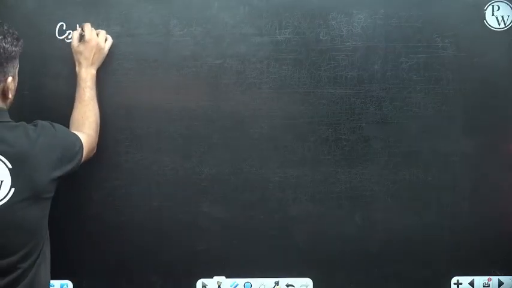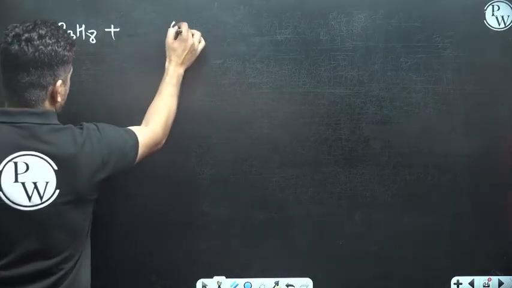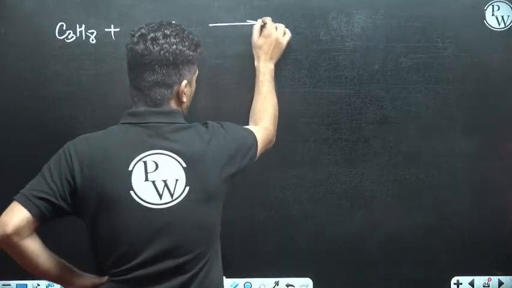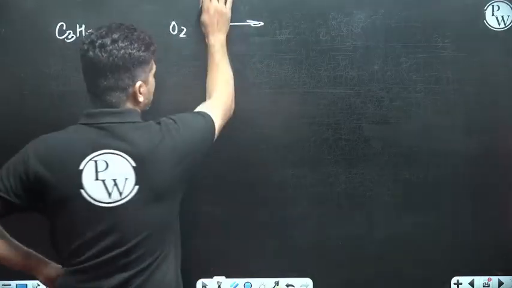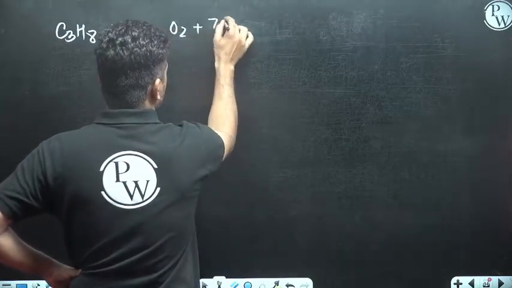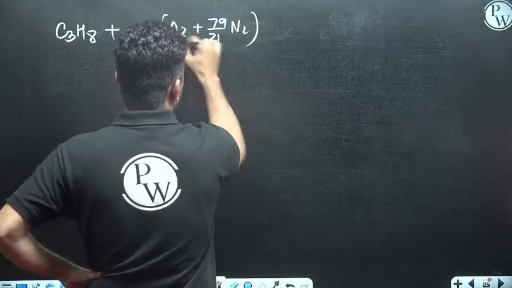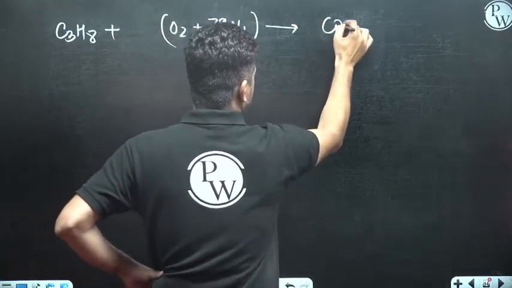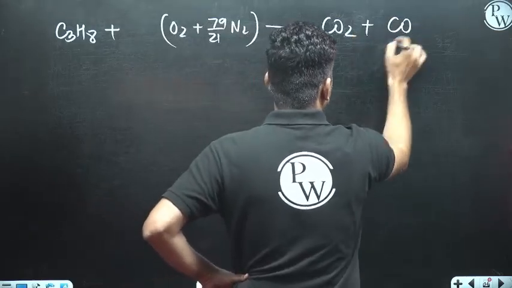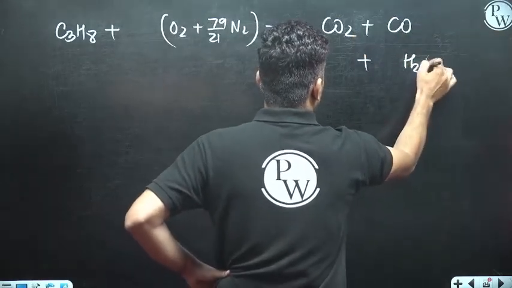So if you are burning C3H8 and carbon monoxide is produced, can we say this is incomplete combustion? Okay, so this will lead to CO2 plus CO plus H2O.